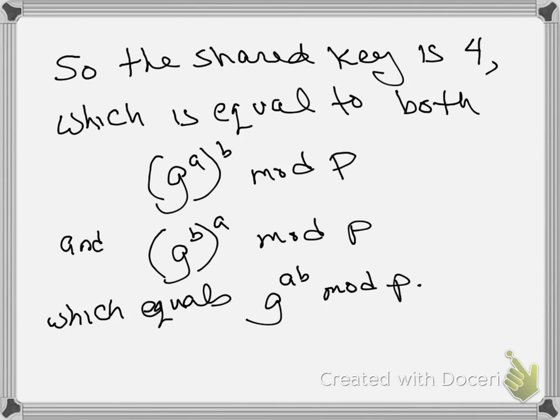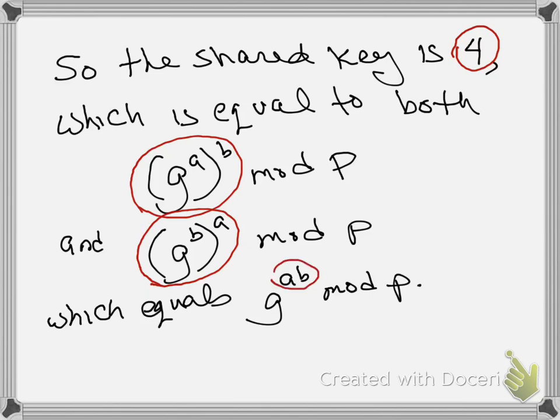So in our example, the shared key is 4, which is equal to g to the a to the b mod p. That's how Bob calculated it, whereas Alice calculated it using g to the b to the a mod p. And both of those values are equal to g to the power of ab mod p.